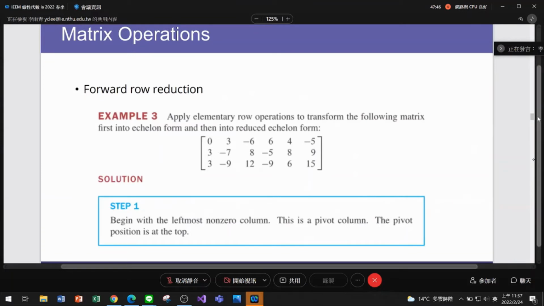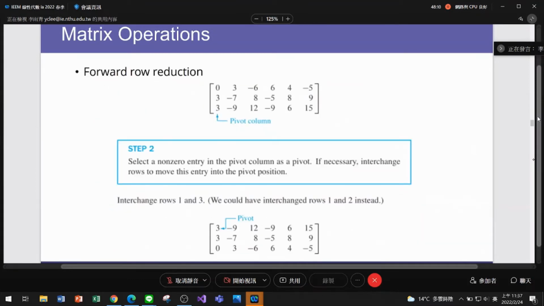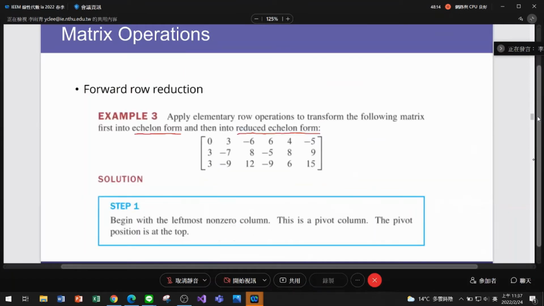So, okay, then here's another example, which asks us to continue, other than just reducing to echelon form, to reduce it to a reduced echelon form. Maybe the process you can read on your own. It's basically a step by step procedure to do the forward row reduction.